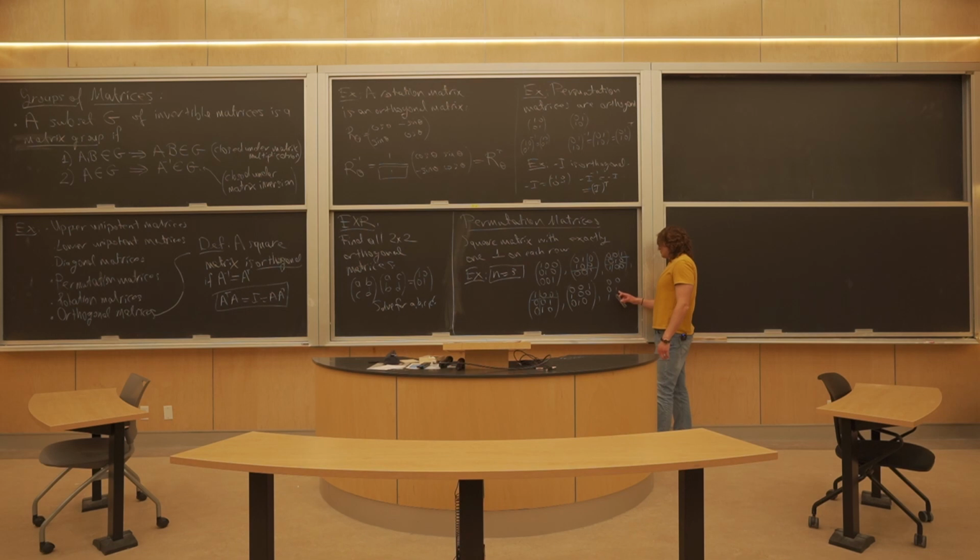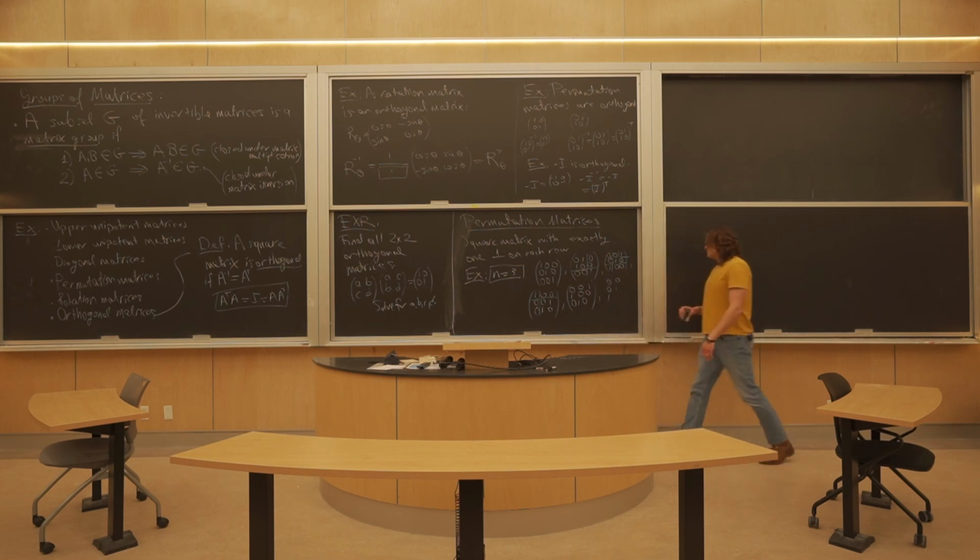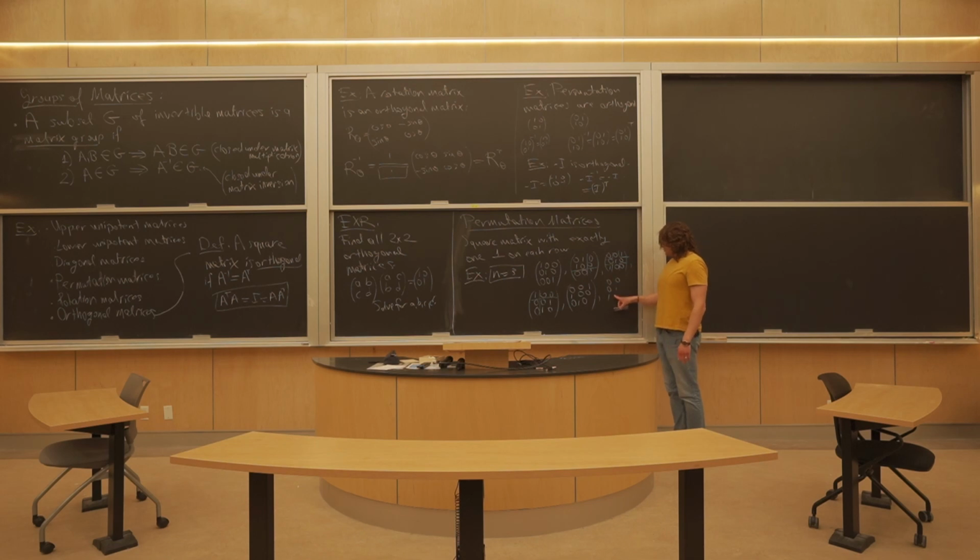Oh, yeah, but I wrote it here. 1 to 2, 2 to 3, 2 to 1. 1 to 3, 3 to 2. Wouldn't 3 to 2 be in the third column? Oh, yes. Thank you. Okay, now it works.